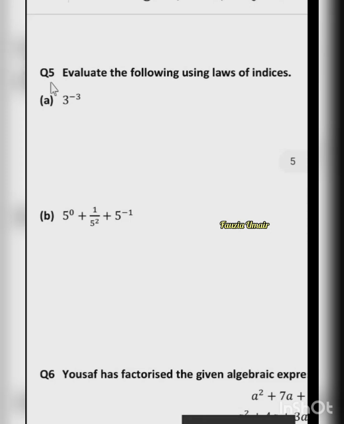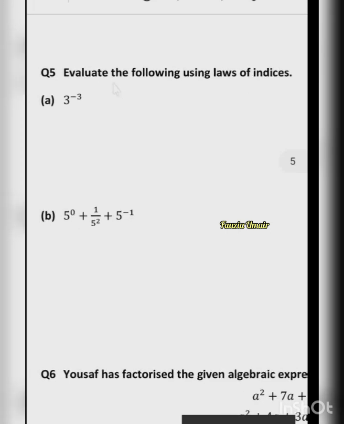So we will start with question number 5. Question number 5 is evaluate the following using laws of indices. So first of all, what does this question mean? What is evaluate?